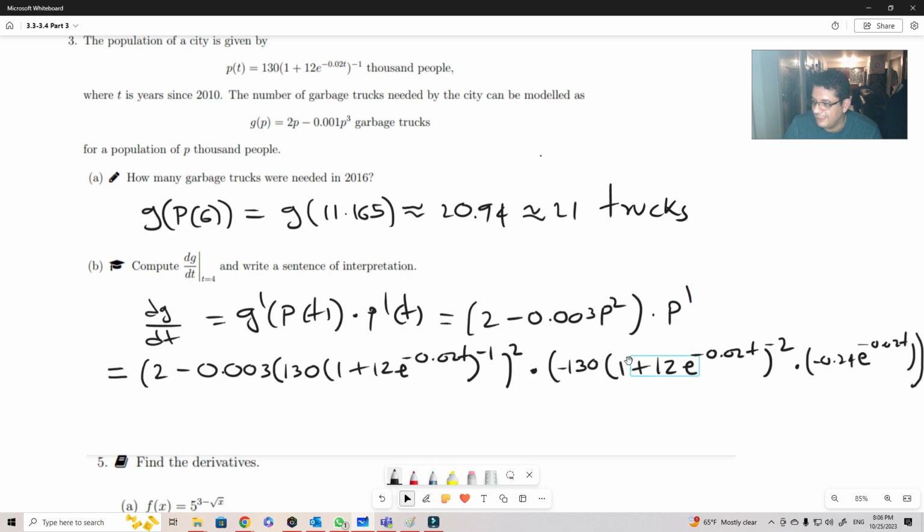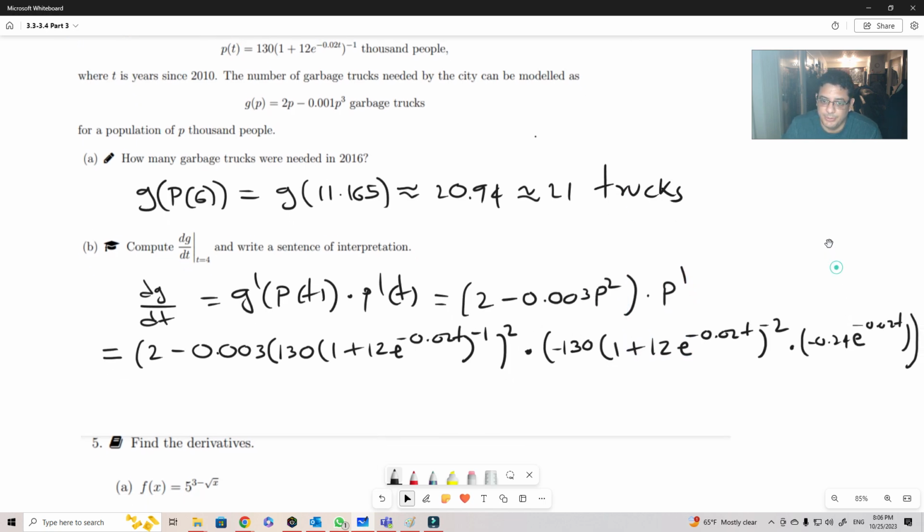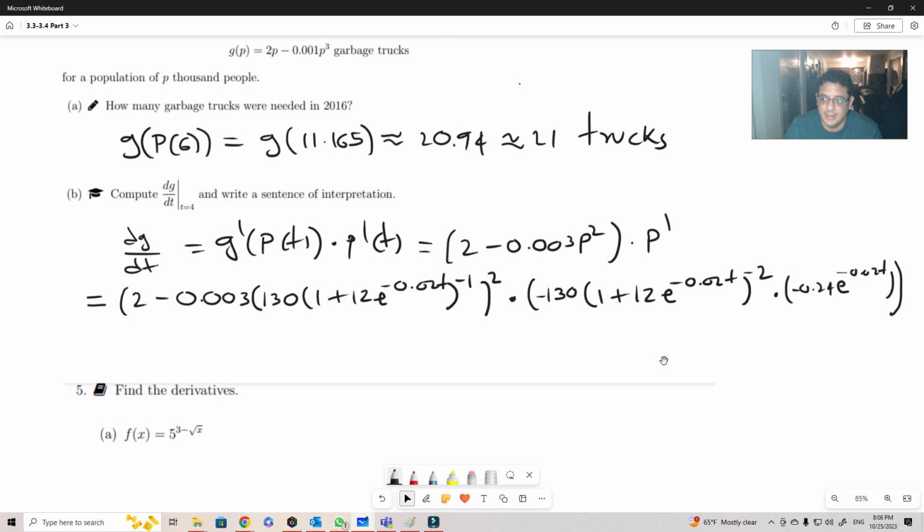Now, once we have that, you can potentially simplify this, but it's kind of difficult to simplify. So you manage to just plug this very carefully into your calculator, and then you can plug in t equals 4, and you're going to find out that this is approximately 0.326.